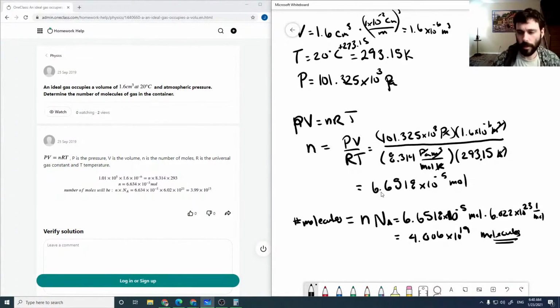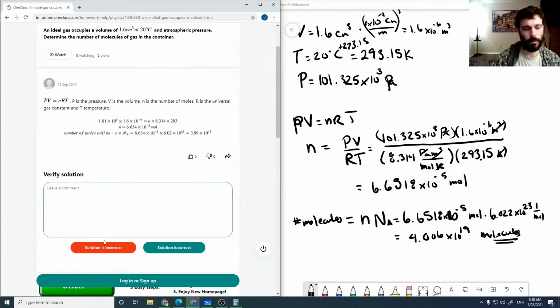They get 3.99 times 10 to the 13, which looks like a calculator error to me, just because it should be roughly around the same range as if you add up the exponents here. So 23 plus 5 minus 5 is 18. Obviously it is going to move depending on how these guys multiply. So it should be 18, 19, not 13.